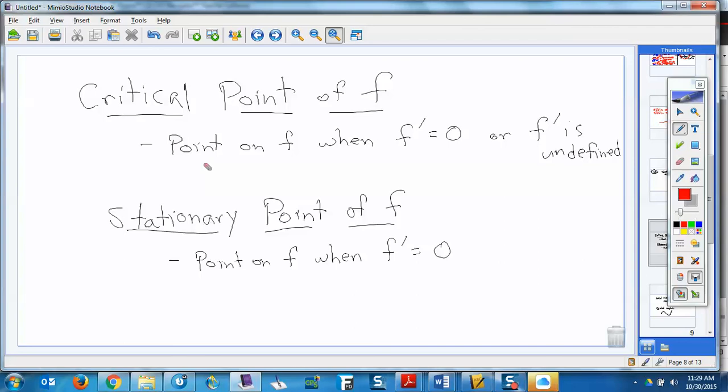So all the ones on the board here are critical points, and I'm sorry for those listening to the video, you can't see those. Then there's this other thing in section 6 that they define called a stationary point. A stationary point is like a subset of critical points. A stationary point is just when f prime is 0.